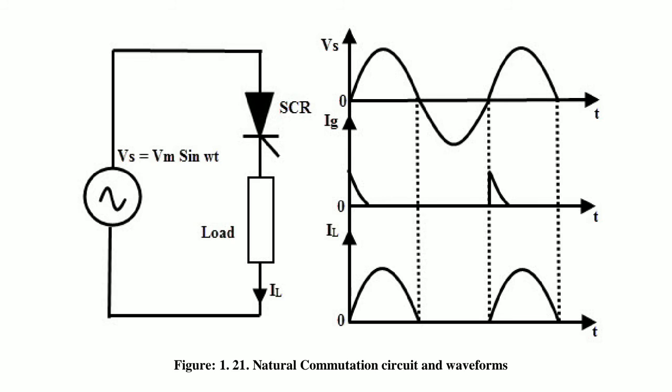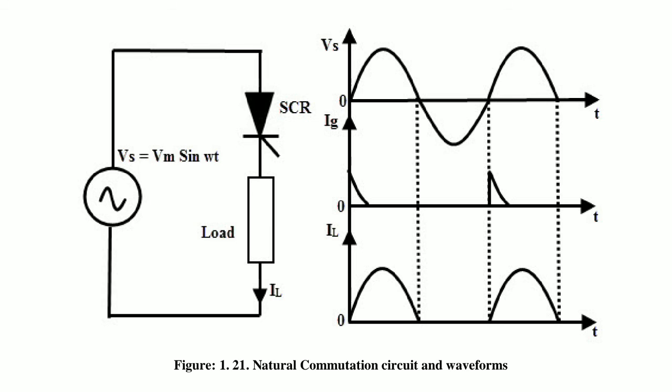As soon as there is a positive half cycle and the gate current for the SCR, the load current flows through the load, which is shown by IL. So the current rises, and after some time it decays to 0. The point at which it decays to 0 and the point where the negative half cycle starts is the same.